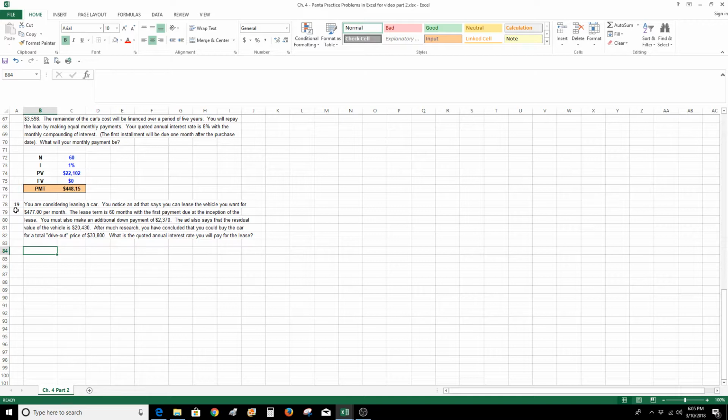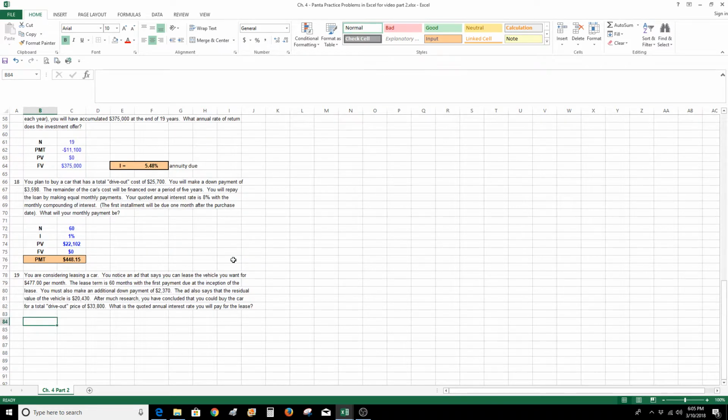You must also make an additional down payment of $2,370. The ad also says that the residual value of the vehicle is $20,430. After much research, you have concluded that you could buy the car for a total drive-out price of $33,800. What is the quoted annual interest rate you will pay for the lease?